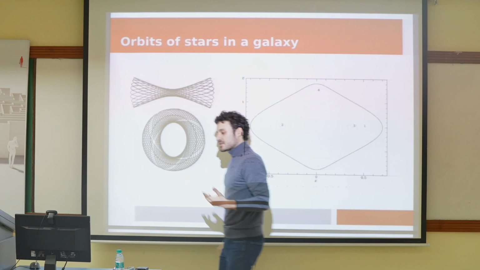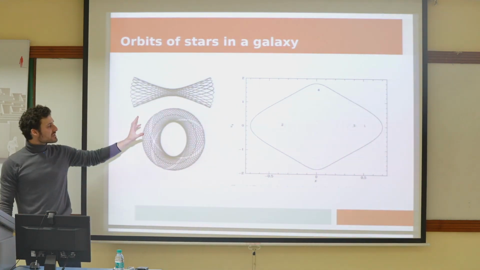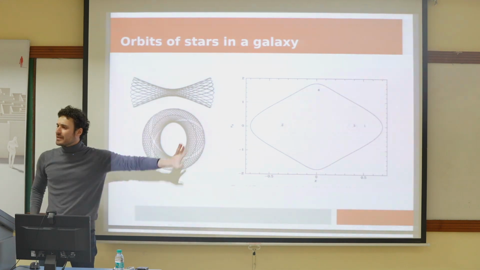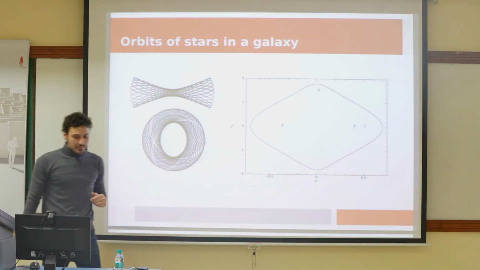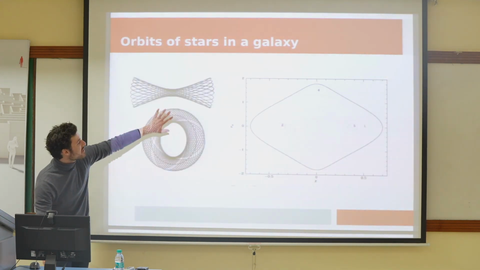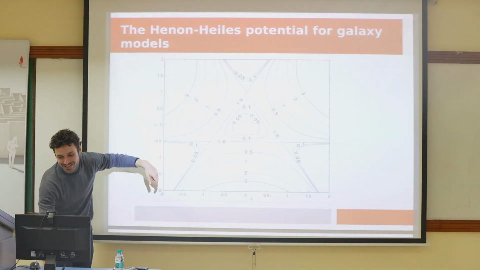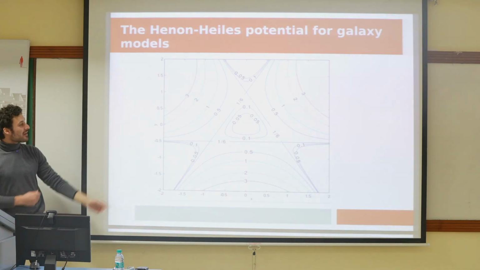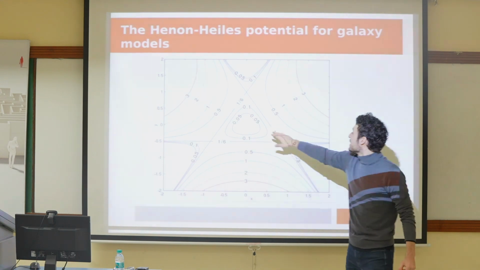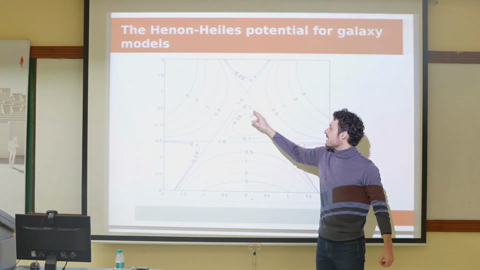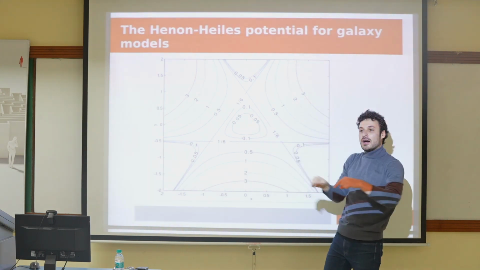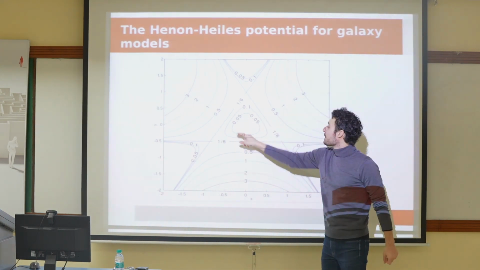And we can ask ourselves now, okay, so what happens if we change the parameters governing the mass distribution in this galaxy, right? Well, first of all, we need to pick a potential, right? So for instance, we can choose this particular potential. So this is the Hénon-Heiles model. So you can imagine these are contour lines, right? So every line here represents a region of equal potential energy.